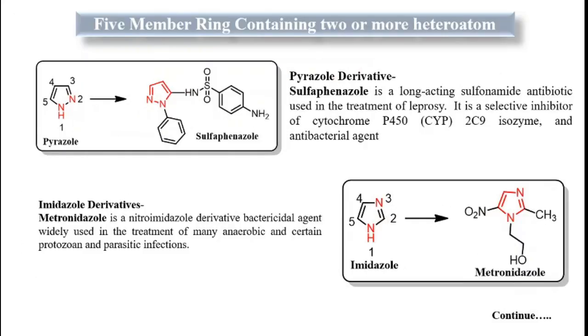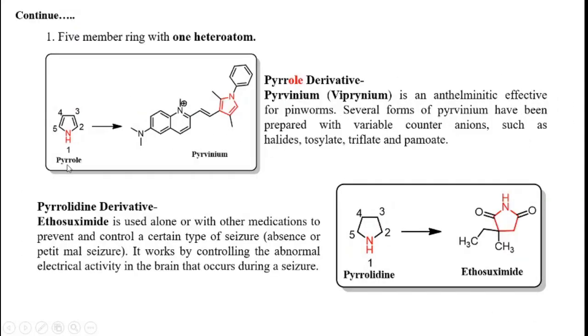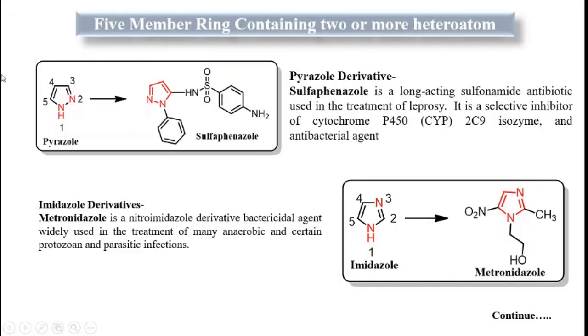Our next example is pyrazole. Pyrazole is a five-member ring. Now we move forward to a five-member ring containing two or more heteroatoms, two or more heteroatoms in a single five-member ring.